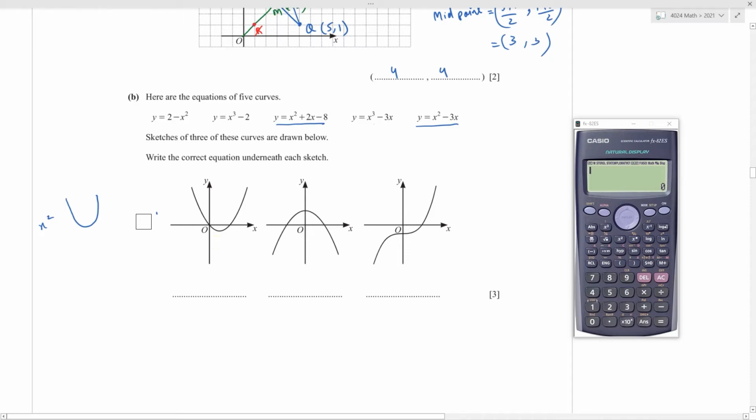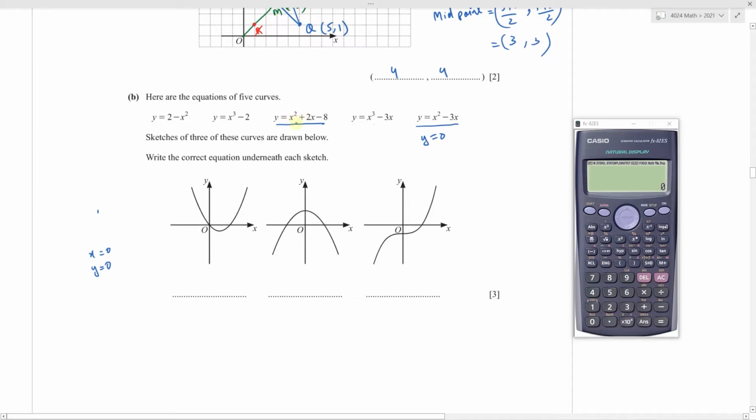So our answer is one of these two. How do we decide between these two? We can take any 2 points. Here you know that this curve is passing through the origin. So that means when x is 0, y is also 0. If we substitute x equals 0 here, we get y equals 0, because 0 times minus 3 into 0 will be 0.